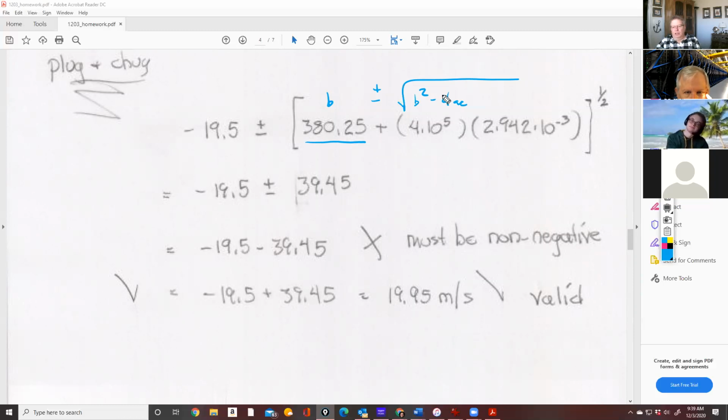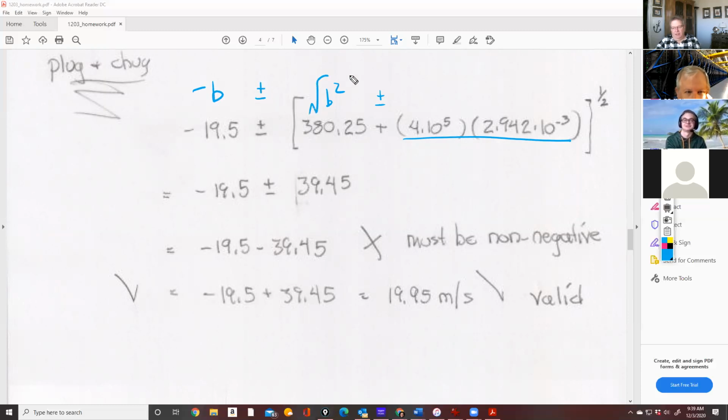So you need to plug in your 4ac and the b squared. Oh, I see what you're saying. This is b squared plus or minus this thing. No. Minus 19.5 plus or minus, and the brackets is the square root. Minus b plus or minus, right. And this is the square root. There we go.